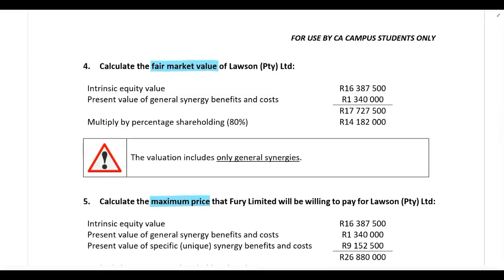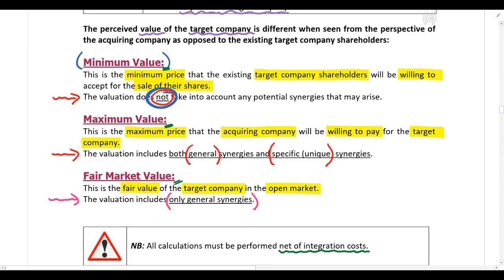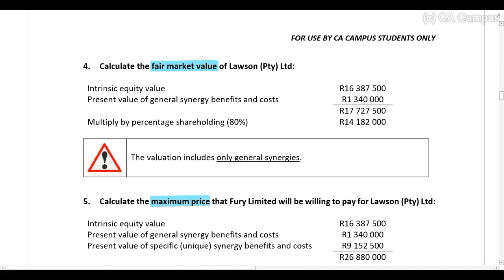Then when calculating the fair value, remember the fair value is the value of the target company in the open market. So we only take general synergies into account in this calculation. So take the value calculated by the management accountant. Then you need to add the present value of your general synergy benefits and costs.